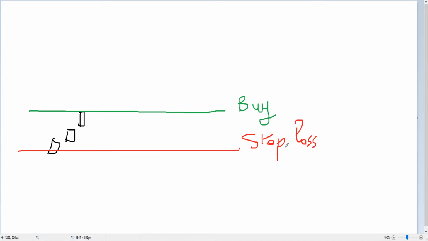What does stop loss mean? Stop loss is when you buy the stock and you see that the stock is going down. Now you should exit. You should never continue holding a stock that reaches your stop loss. So the stop loss is just a point where you can't stay anymore.